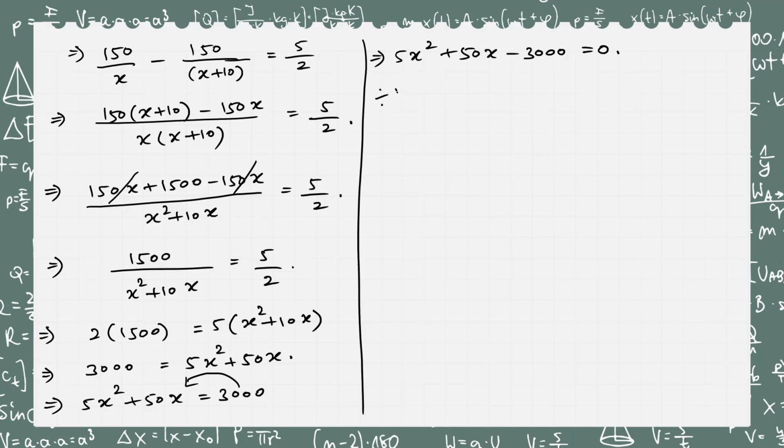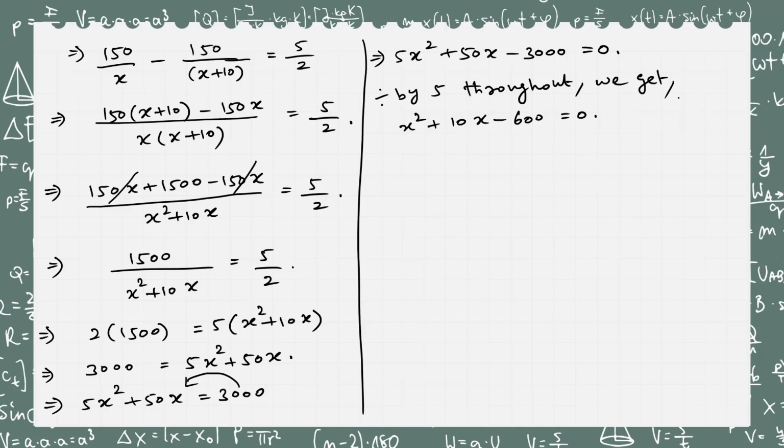So dividing by 5 throughout, we get x square plus 50 by 5 is 10 and 3000 by 5 will be 600, right? So we get x square plus 10x minus 600 equal to 0. This equation we have to solve now.